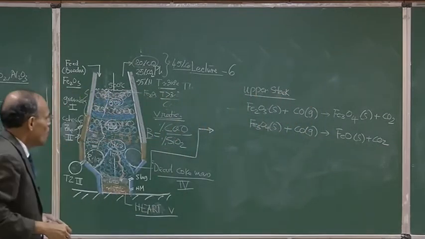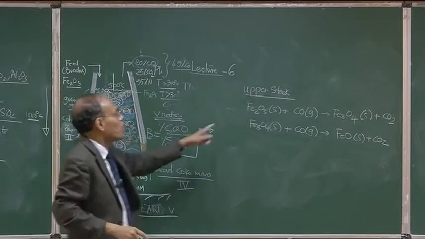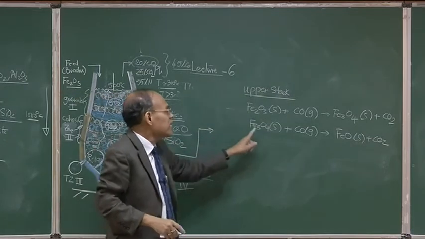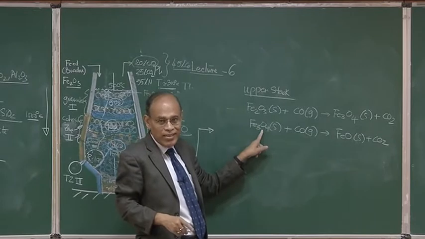That is, these are the predominant reactions. These reactions may be completed in the upper part, the upper stack region. These reactions may not be completed in the upper part.